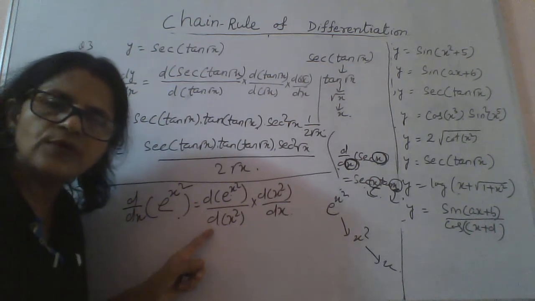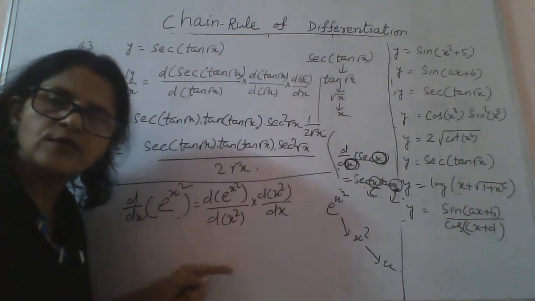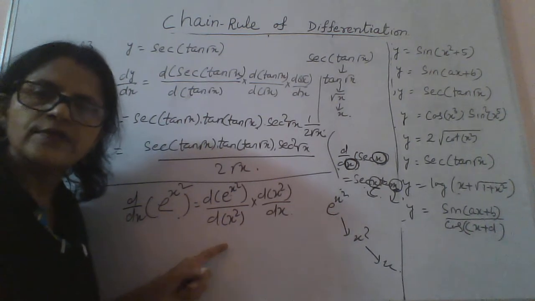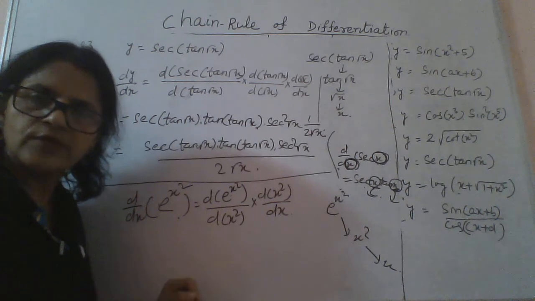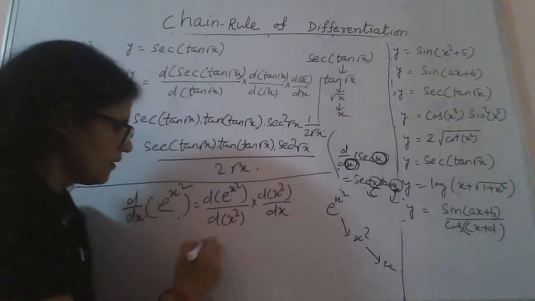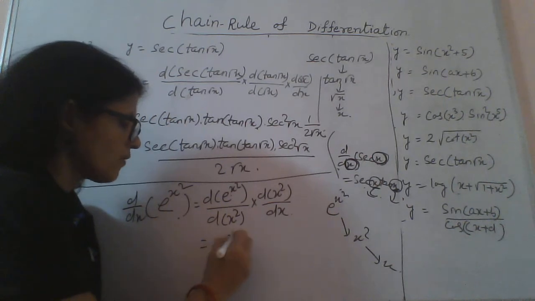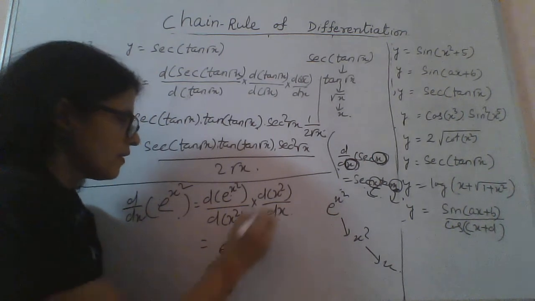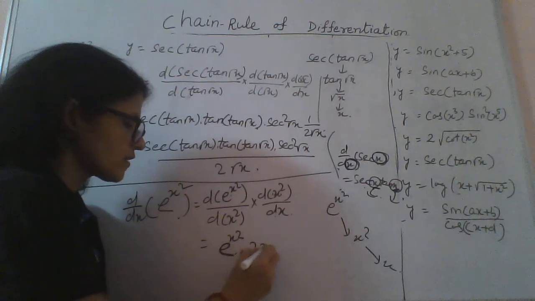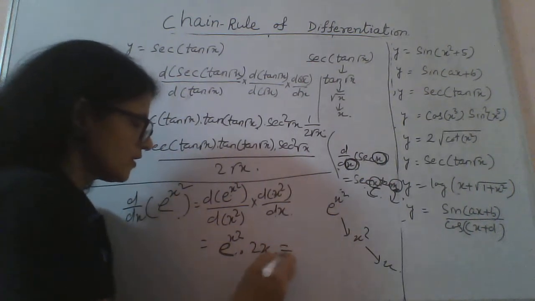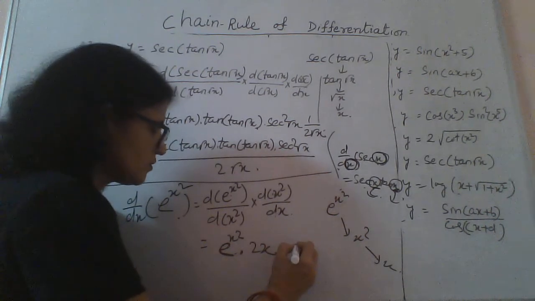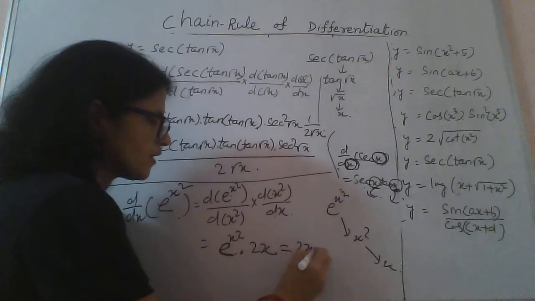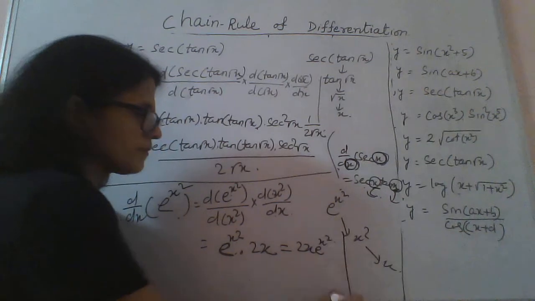As we know, the derivative of e to the power x with respect to x is e to the power x, and the derivative of e to the power y with respect to y is e to the power y. Similarly, it will be e to the power x square. Then its derivative is 2x. So d by dx of e to the power x square is 2x into e to the power x square.